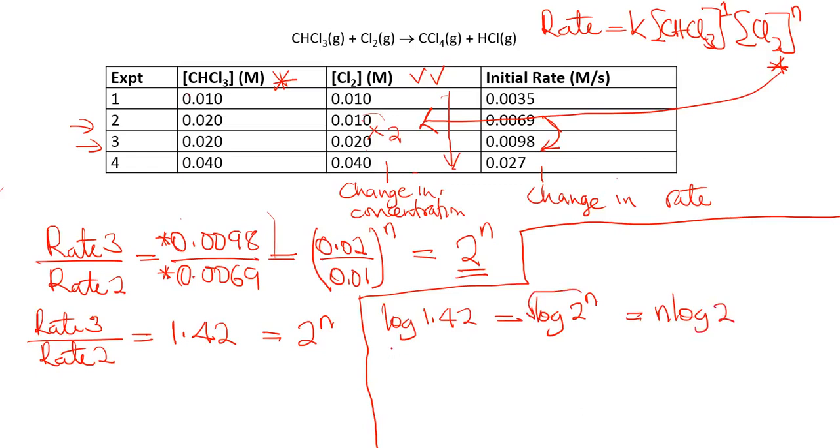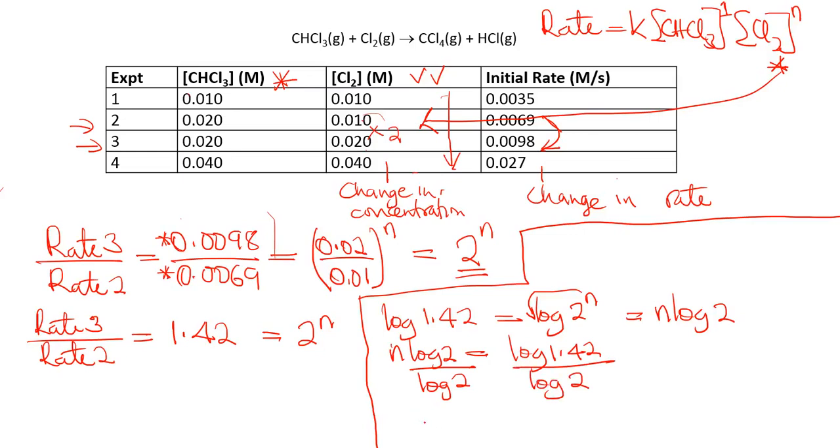So what we are saying is N log 2 is equal to log 1.42. Then we divide both sides by log 2 so that N is on its own. You can use a calculator for this.